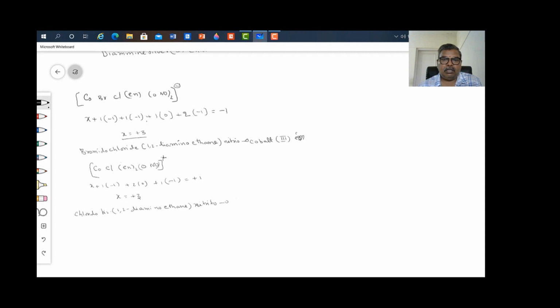Oxygen is the donor. Cobalt, it is a cation. There is no change in the name of the metal. And Roman number 3, because its oxidation state is +3, ion.